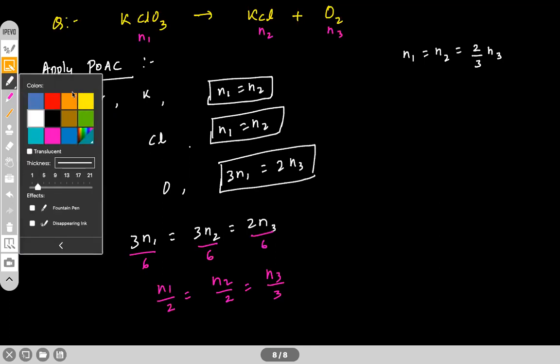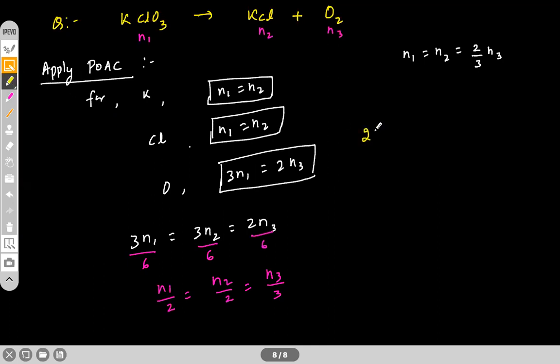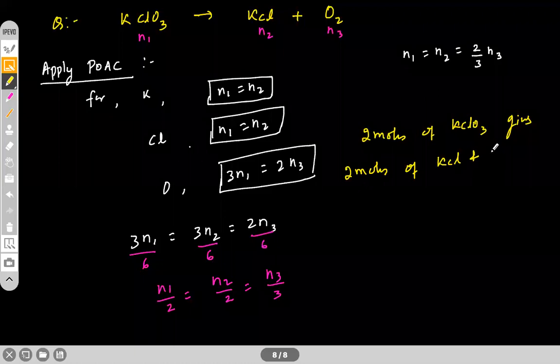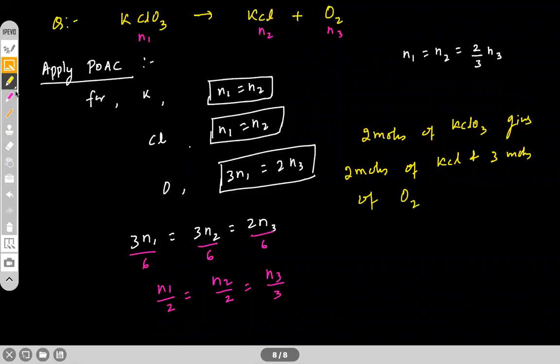So we can say that 2 moles of KClO3 gives, N2 stands for KCl, gives 2 moles of KCl and 3 moles of O2. Even if you check, if you place here 2, 2 and 3, you see the reaction is balanced.